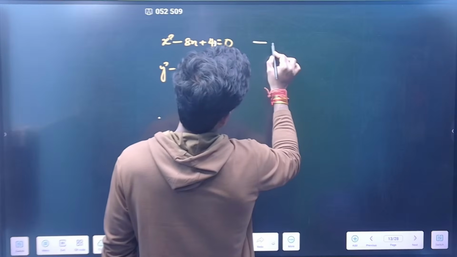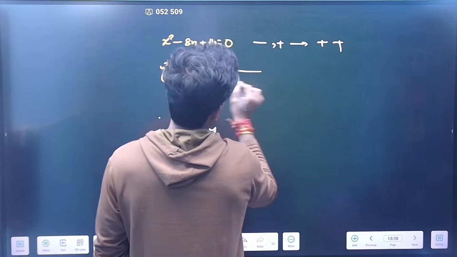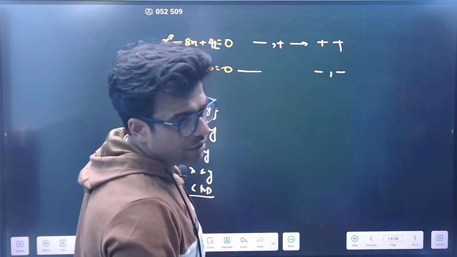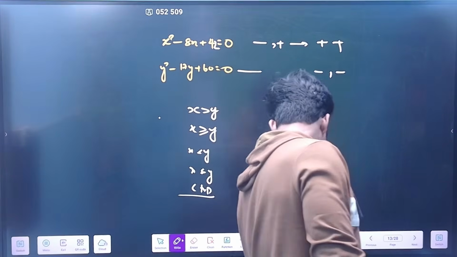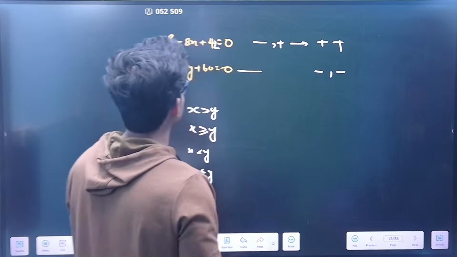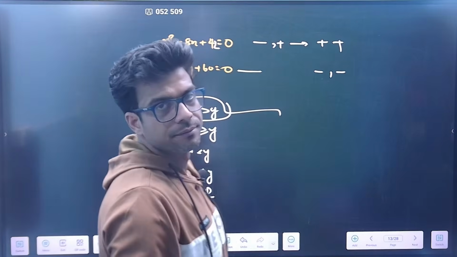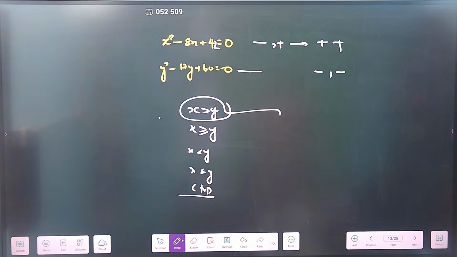First is negative, second is positive, so the roots will be positive, positive. Here, all are positive, so the roots would be negative, negative. That is why I'm saying you need to understand the equations first, the nature and the sign of the equations. If you understand this, you can easily say that x is greater than y. This is your answer. Only this much you need to do.